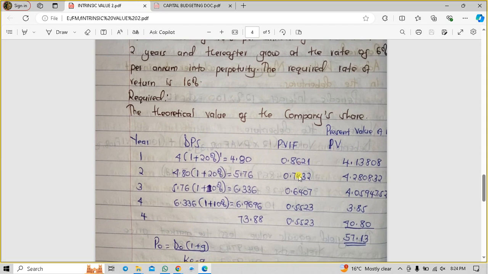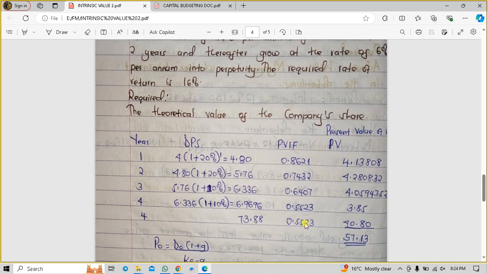1 plus 16% to the power negative 2, to the power negative 3, to the power negative 4. And then the same PVIF is what you're going to use for the indefinite. So here we'll have 0.5523.